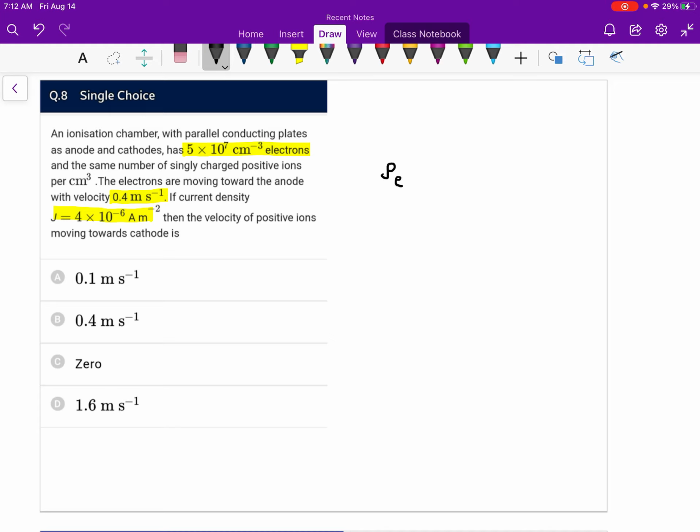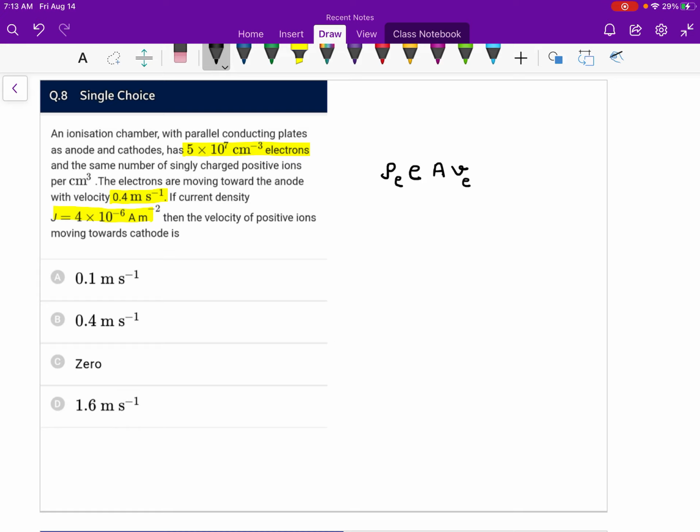Say the electron density is rho, the number of electrons per centimeter cube, multiplied by the electronic charge, is the total charge per centimeter cube. Into area into speed, this is the amount of charge crossing an area per second.